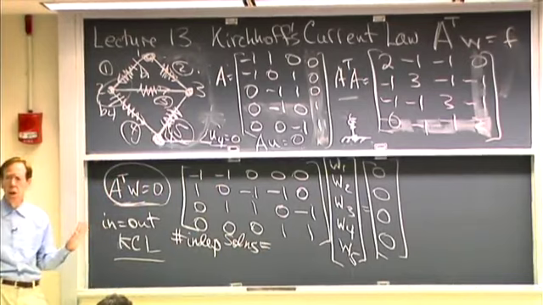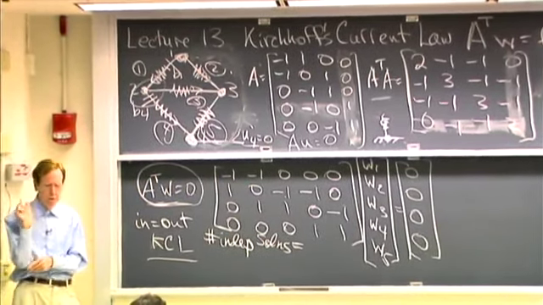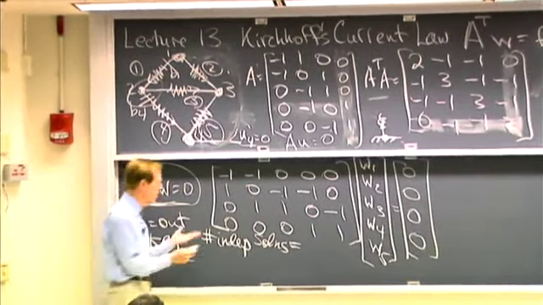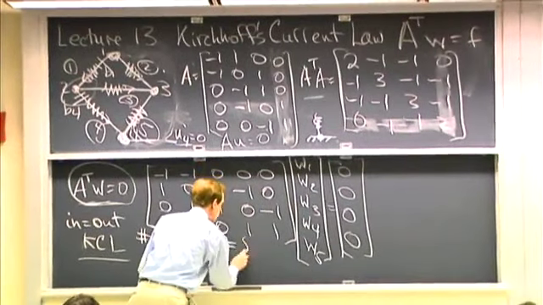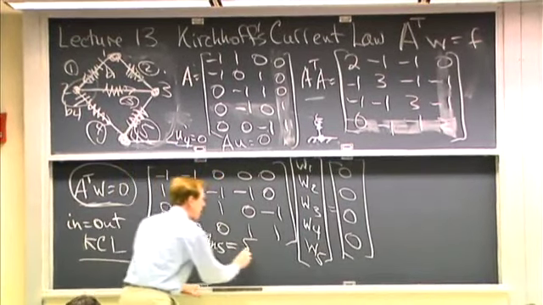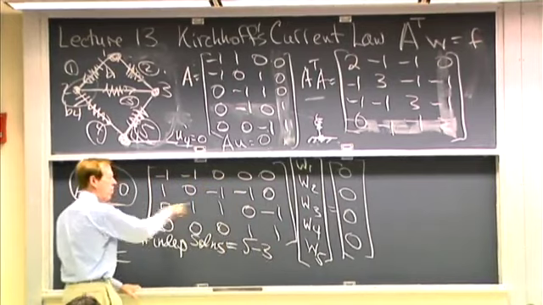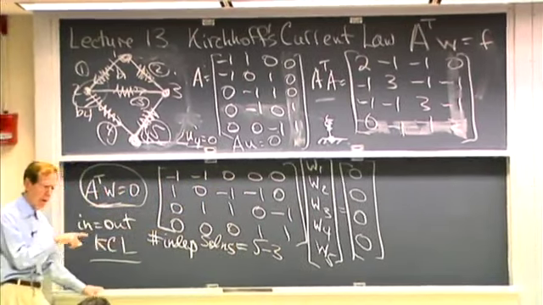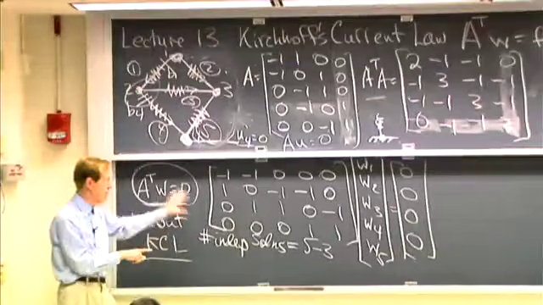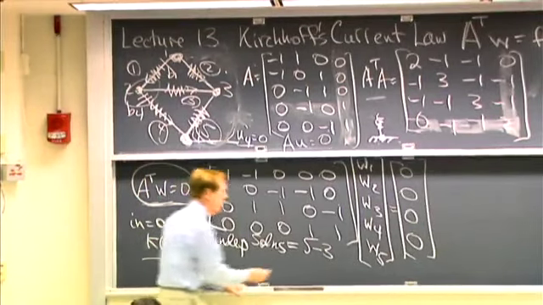What's your guess? 2. 2 is the right guess. 2, because I have altogether 5 unknowns. I subtract 3 equations that are really there. I have 3 real equations here, even though it looks like 4, and I get 2.